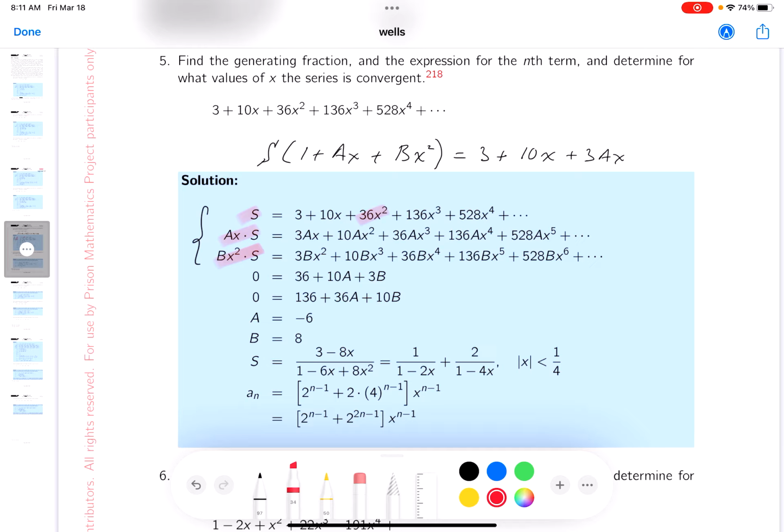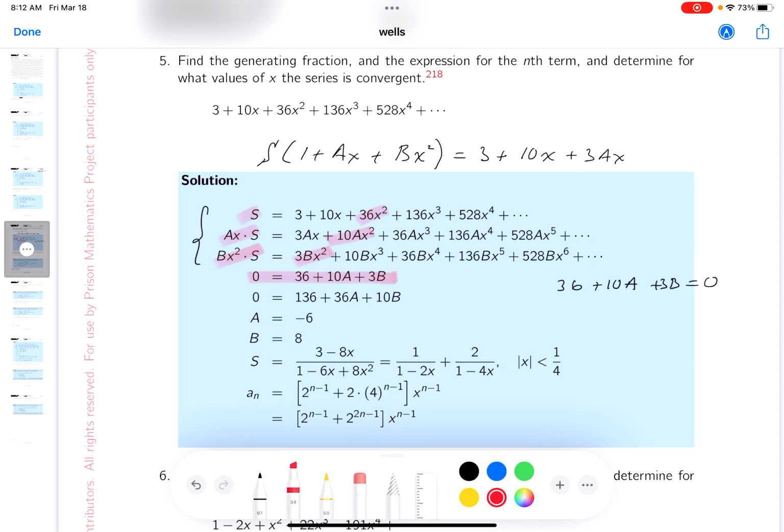This is second degree, this is second degree, this is second degree. For that to disappear, what I'm writing down is 36 plus 10a plus 3b would equal 0. Let me tell you where that's written, right over here: 36 plus 10a plus 3b. The cubes would also disappear.